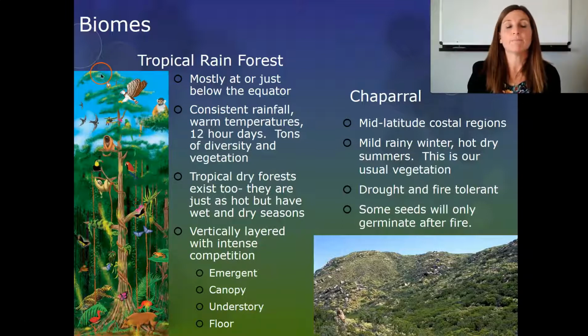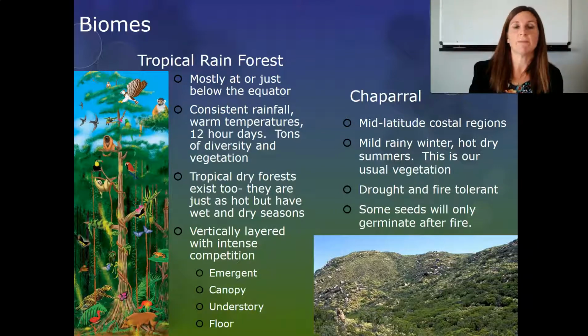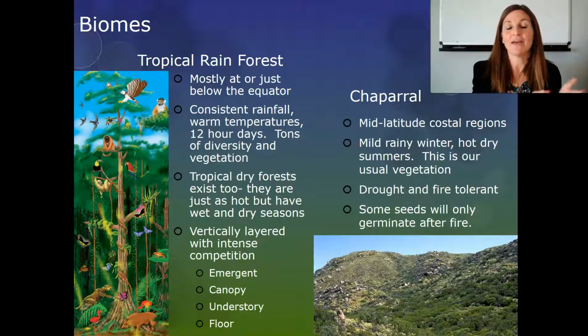And then we have the emergent, where there's a tree sticking out and vegetation that lives on that tree island, that new growth that's sticking out. There are different flora and fauna, different interactions, different species found in each of these levels. So the rainforest is a really interesting thing to study because even within it, there are so many different ecological niches.